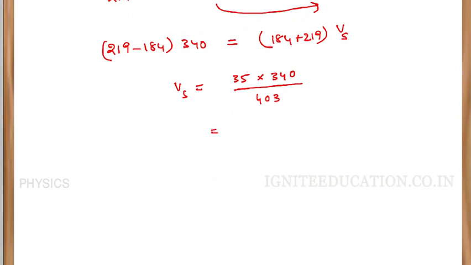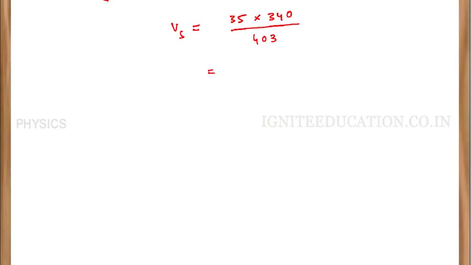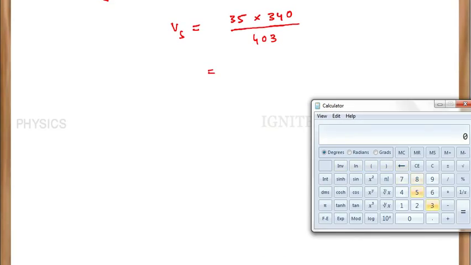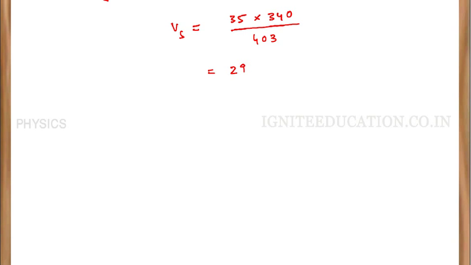Now I am calculating this. vs is equal to, using calculator, 35 into 340 divided by 403, that is 29.5 meter per second. So the train is moving with velocity 29.5 meter per second.